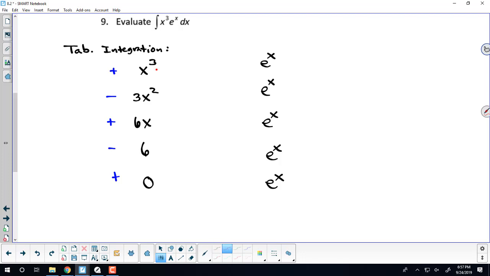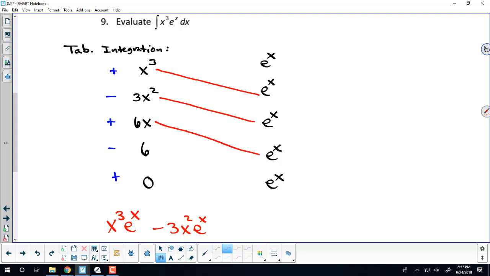So then we'll cross. That's x cubed e to the x. Then we've got a cross again, minus 3x squared e to the x. Plus 6x e to the x.